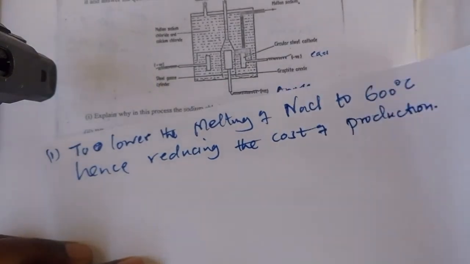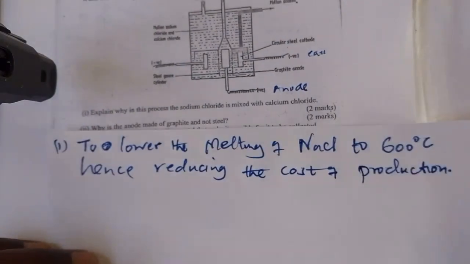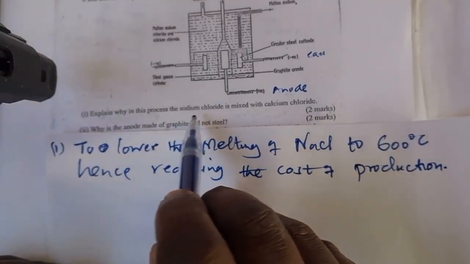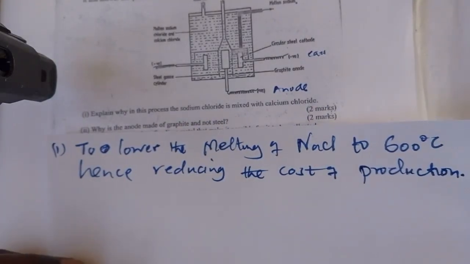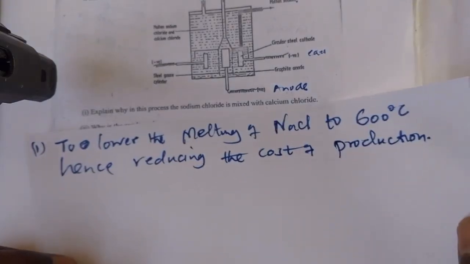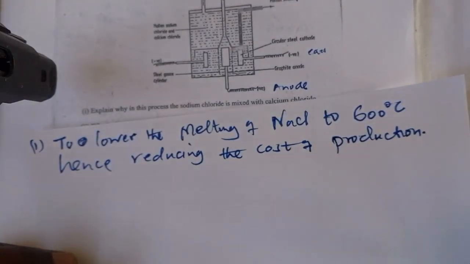So the reason why calcium chloride is added to sodium chloride is to lower the melting point to 600, which is achievable and not expensive, which is cheap.